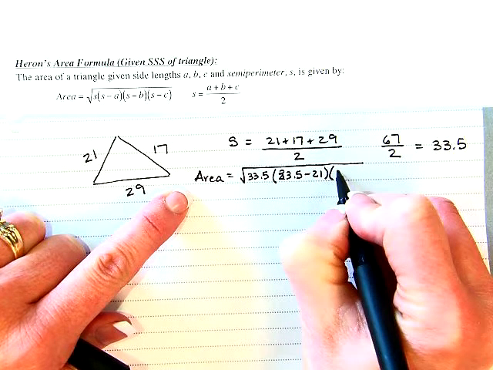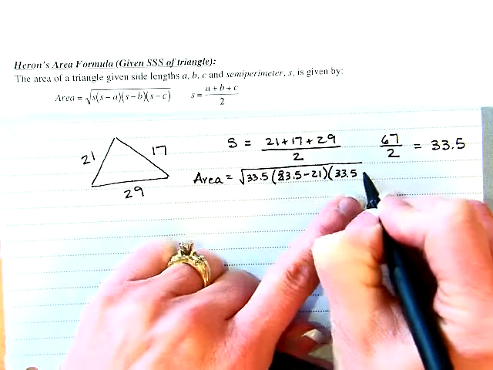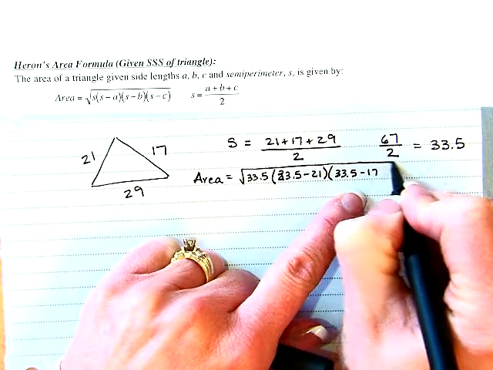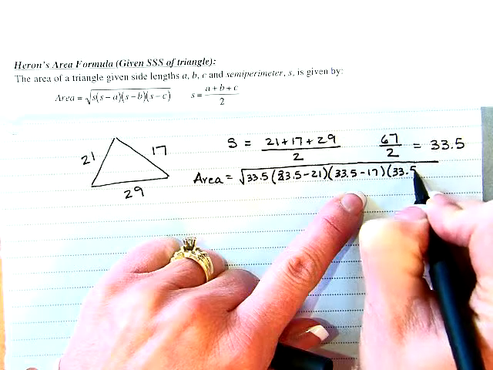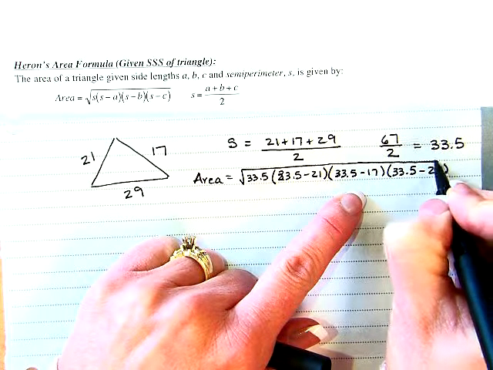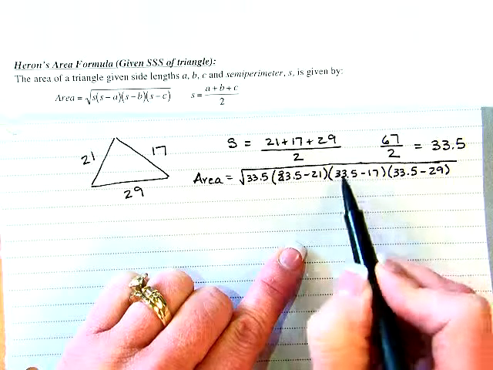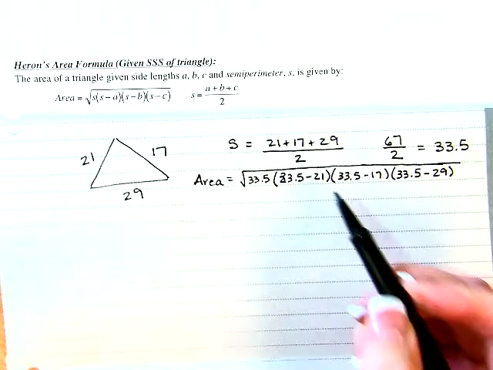Then I take the semi-perimeter minus a second side. Then I take the semi-perimeter minus the third side. Close it. So each of these differences I need to find separately and then times it all by the semi-perimeter.